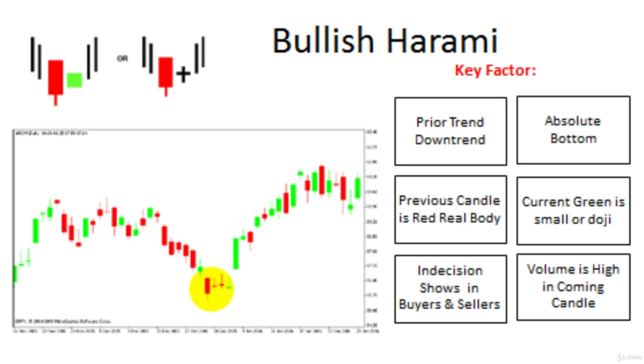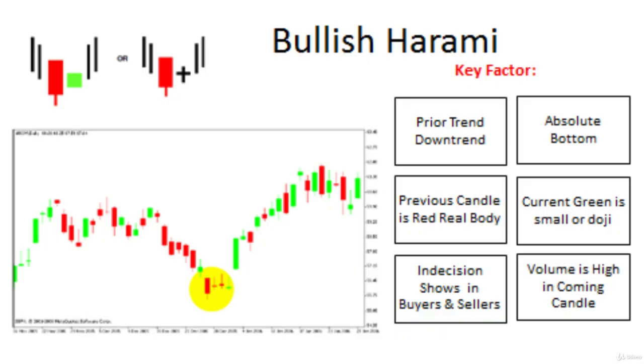The first pattern is a big red real candle body that creates a low or bottom, and the next candle is a small green candle which is undershadowed by the previous red candle. In the other formation, we see a red real body which creates a low, and the current candle is in the form of a doji.